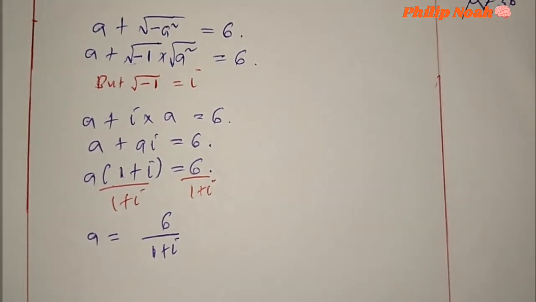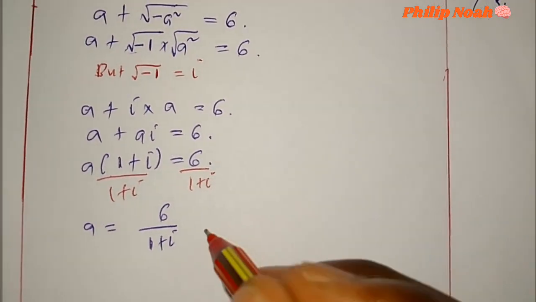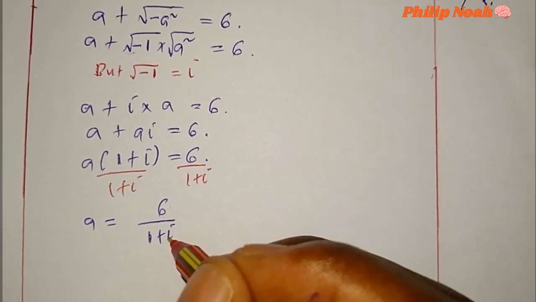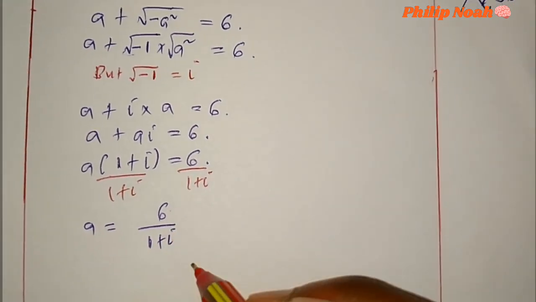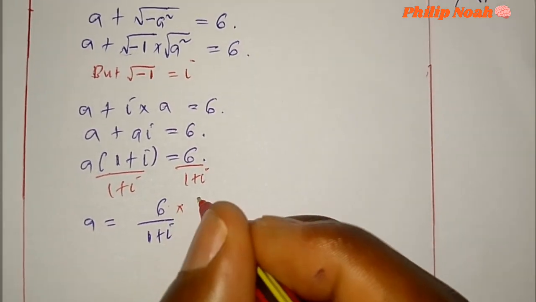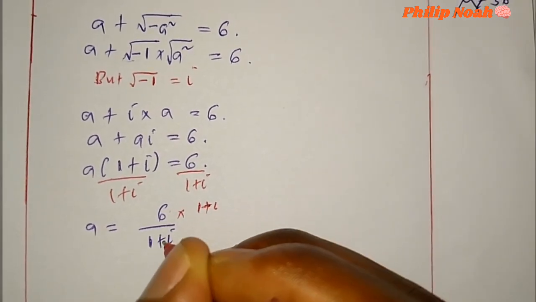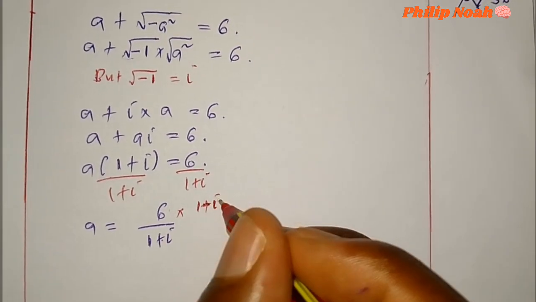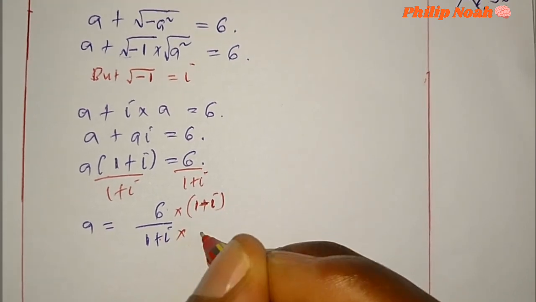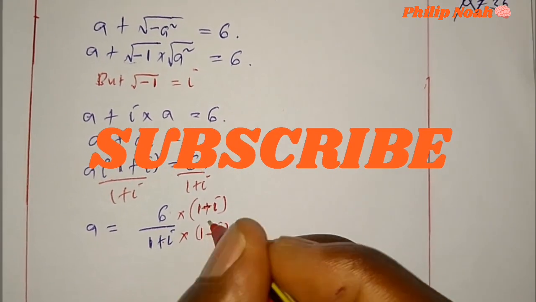At this point, we shall multiply the numerator and denominator by the conjugate of the denominator. So times 1 plus, minus i, so it will be negative i. Are we there? Times 1 minus i.